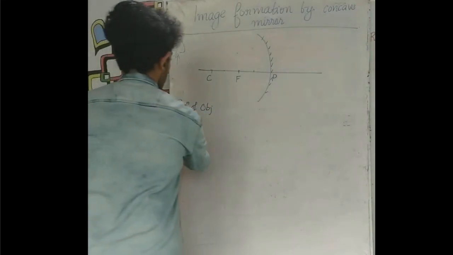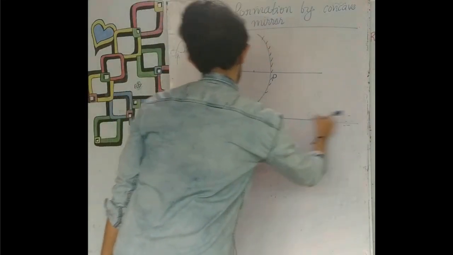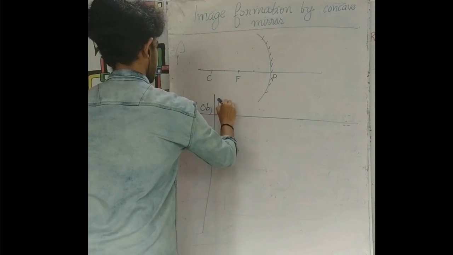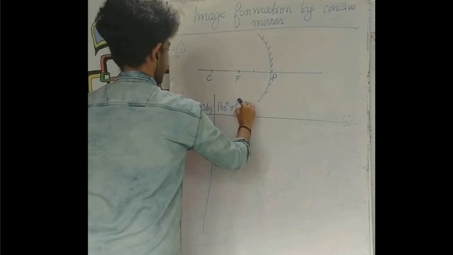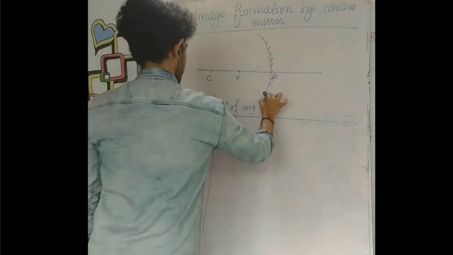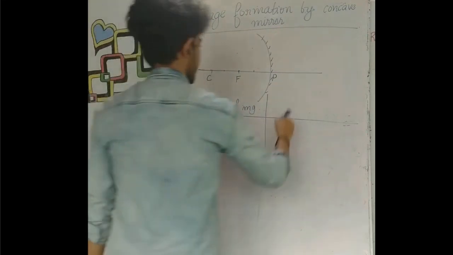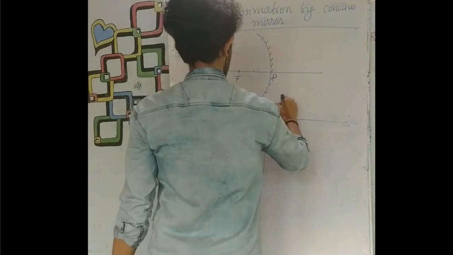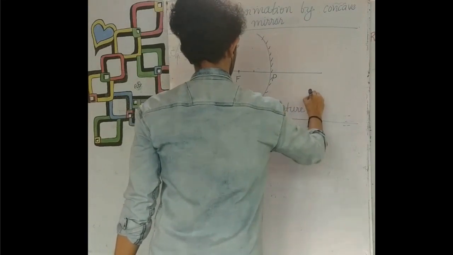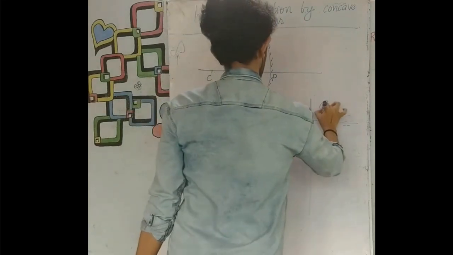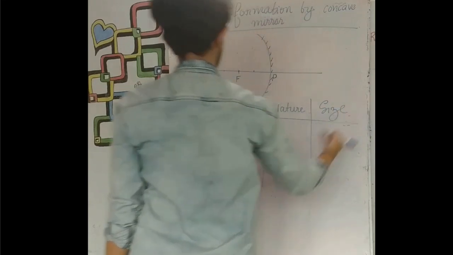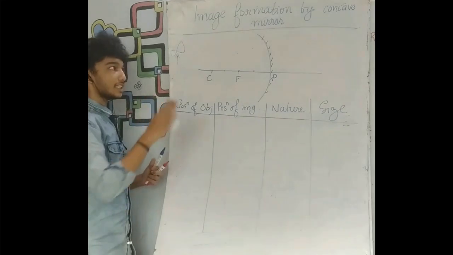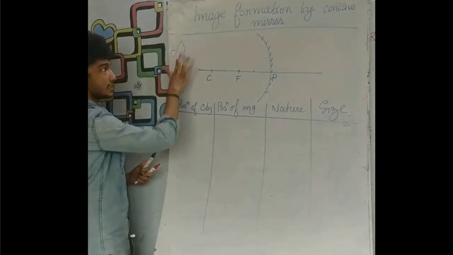After placing the object and after reflection has taken place, we can analyze the position of image. Then we can say the nature of the image, and at last the size of the image. These are the 4 things that we are going to analyze in each of the 6 cases.